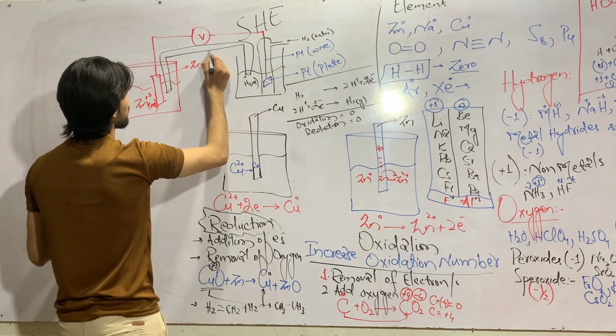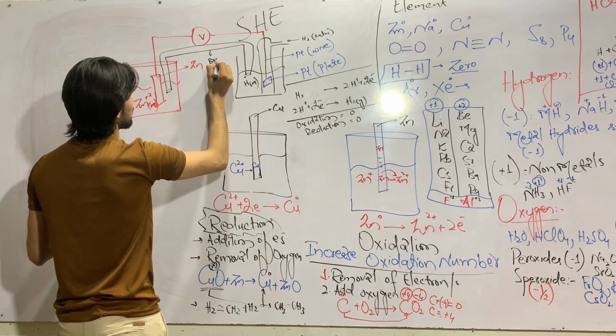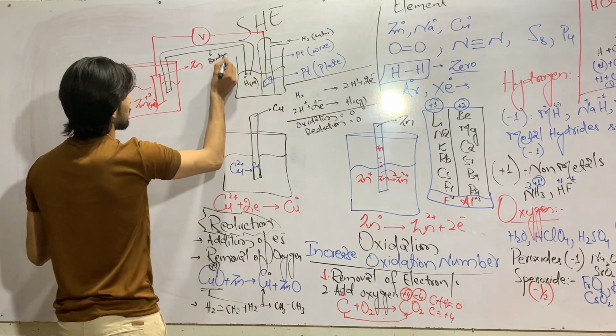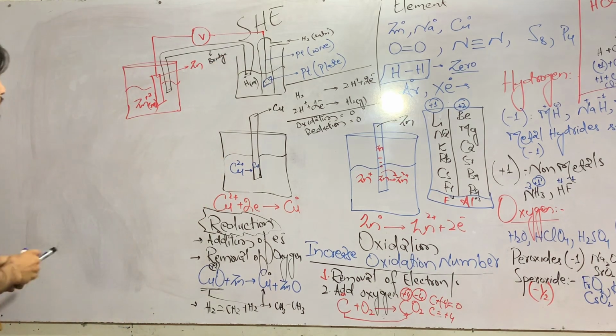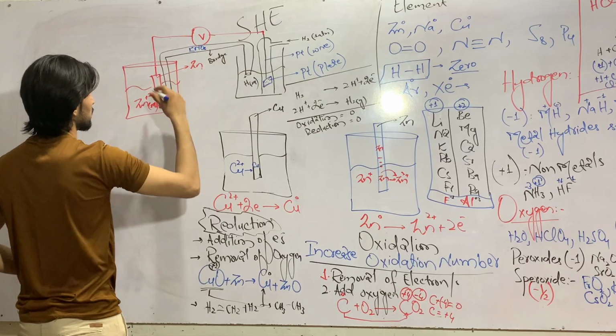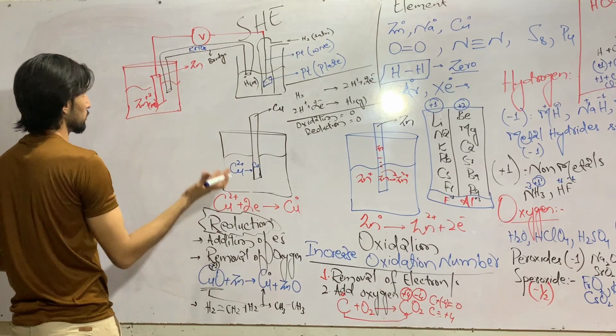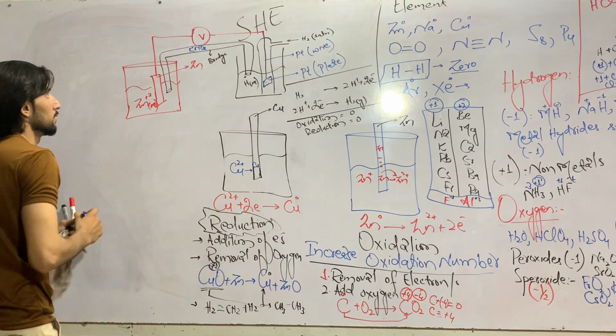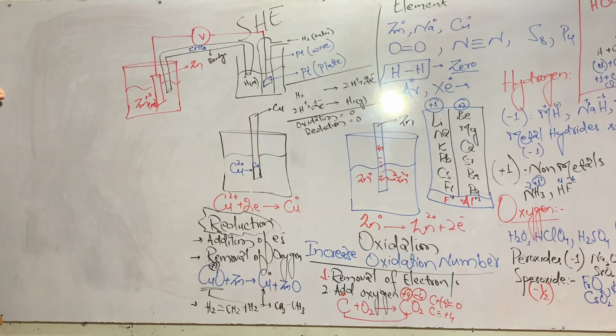This is a bridge, a junction, which connects both the half cells, and it has an electrolyte like KNO3, suppose. A wet cotton or a wet tissue of KNO3 would be sufficient.